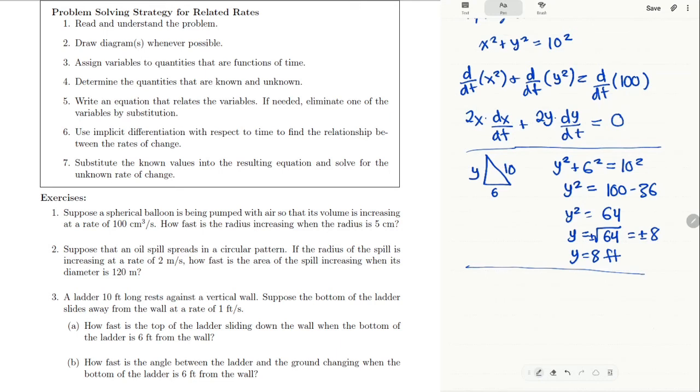So now we can go back and substitute these values into our resulting equation, and then we can solve for dy over dt. So we have 2 times 6 times 1 plus 2 times 8 times dy over dt is equal to 0.